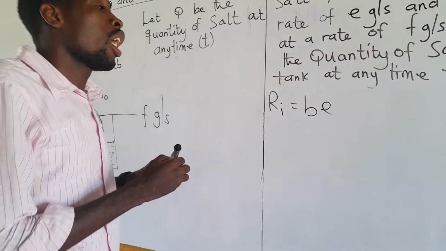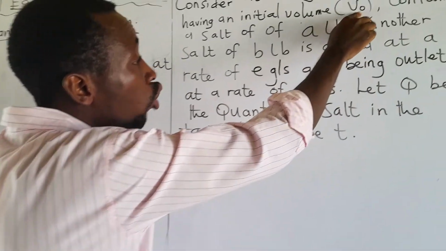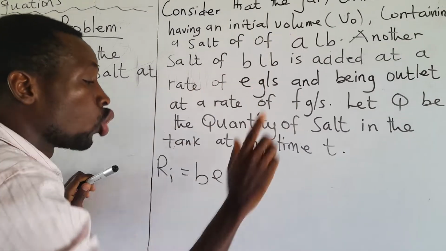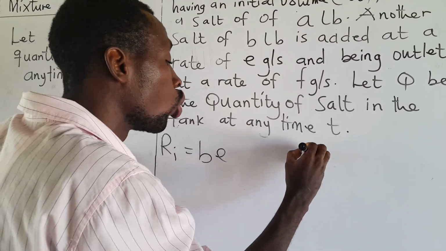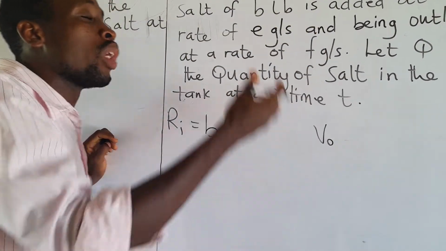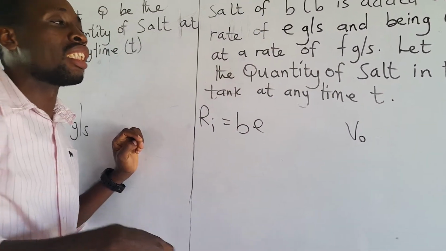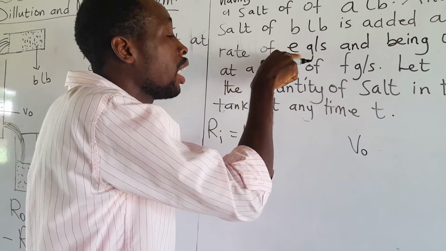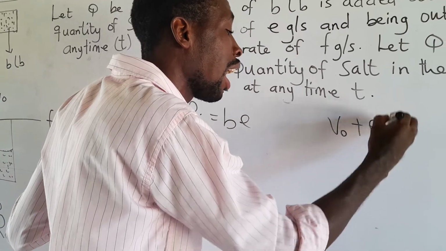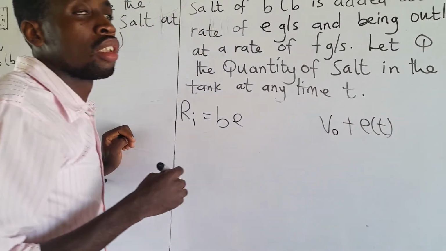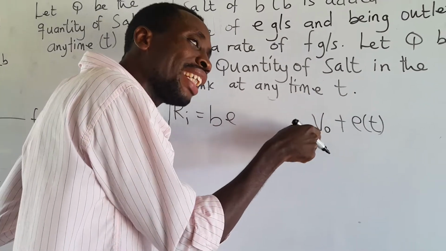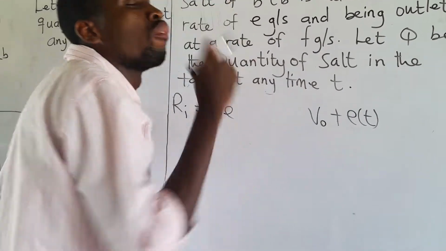Now, if we have an initial volume of salt solution, then we can say that the volume of salt solution that we have is V naught. Now we let another quantity enter. That quantity is E gallons per second. Then we can add that quantity at any time t. So at any time t, the number of gallons that enters will be added to the initial volume that we have.